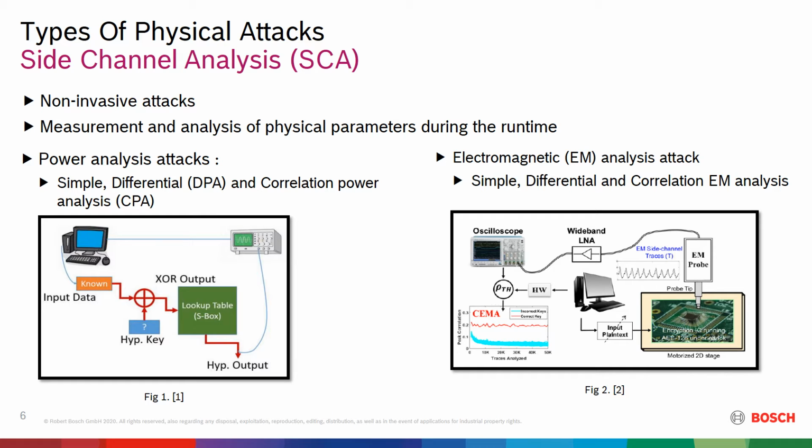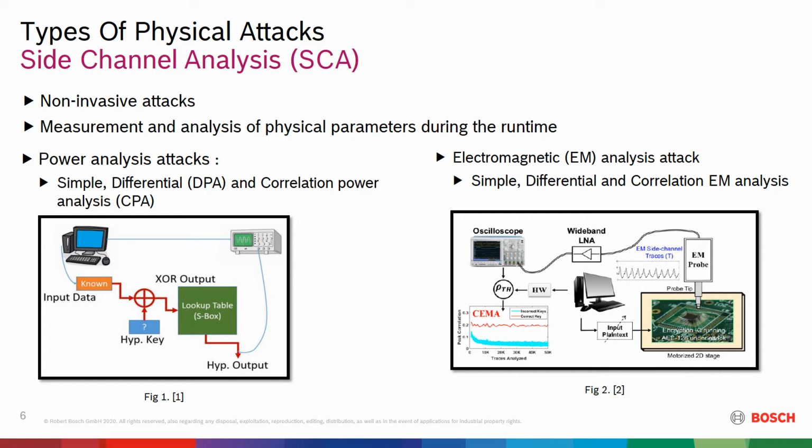Another type of physical attacks are side channel analysis attacks. These attacks are non-invasive attacks. In today's talk, I want to briefly mention power analysis, electromagnetic analysis, and fault injection attacks. Power and electromagnetic analysis attacks deal with measurement and analysis of physical attributes of the device during runtime.